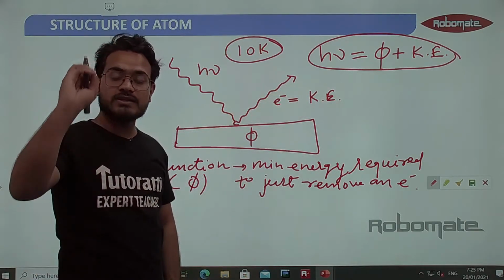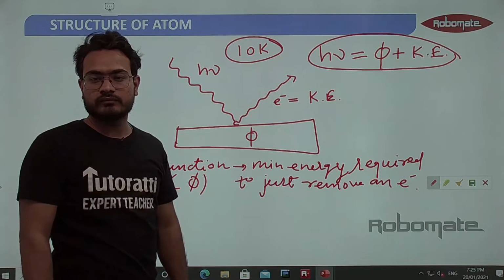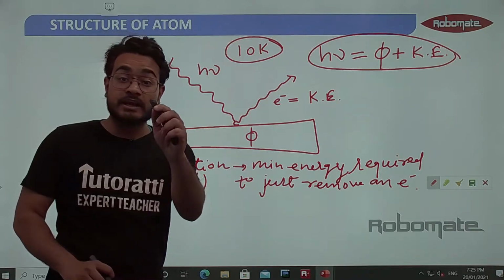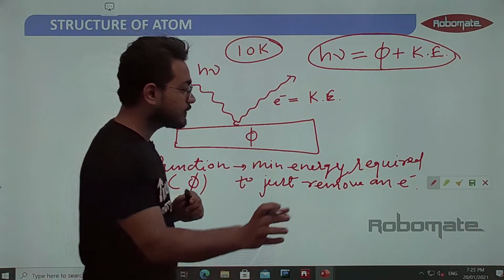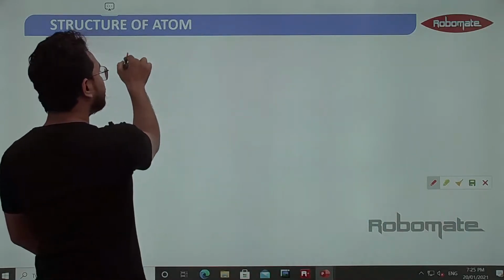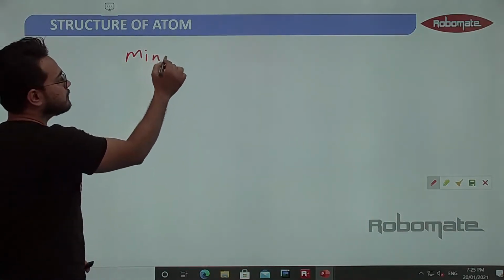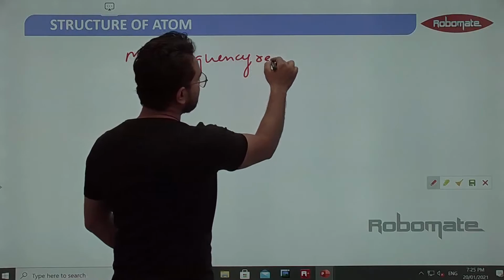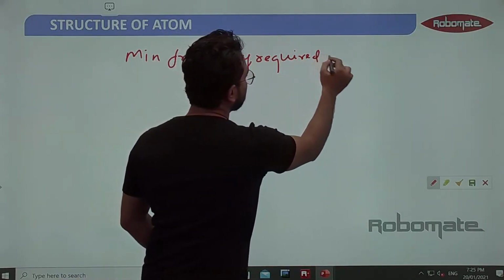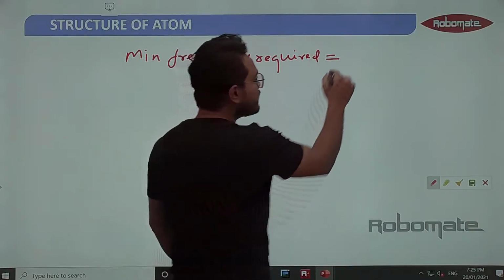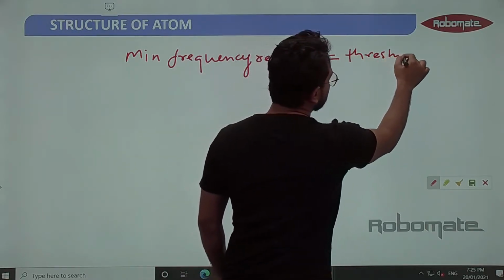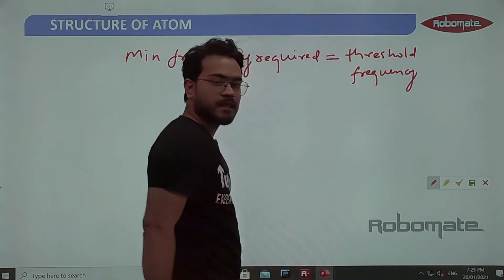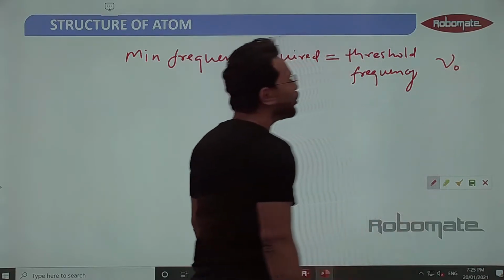So the minimum energy required to remove the electron will be work function, and the minimum frequency required is called threshold frequency, and is denoted by nu naught.